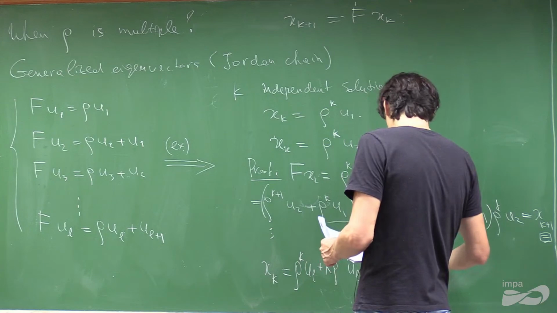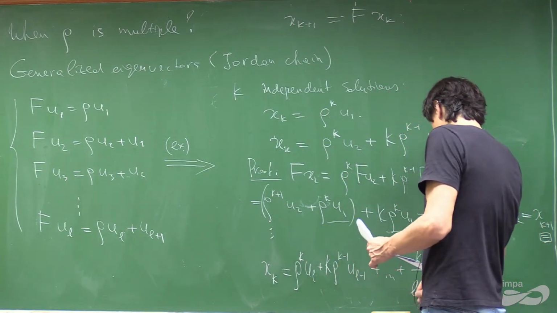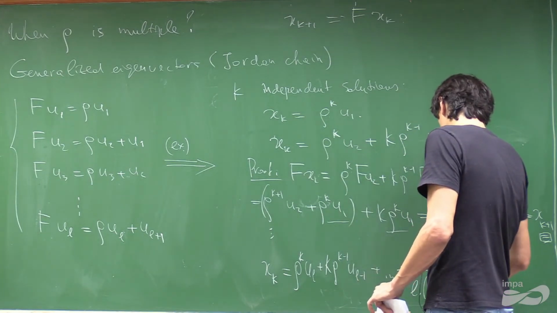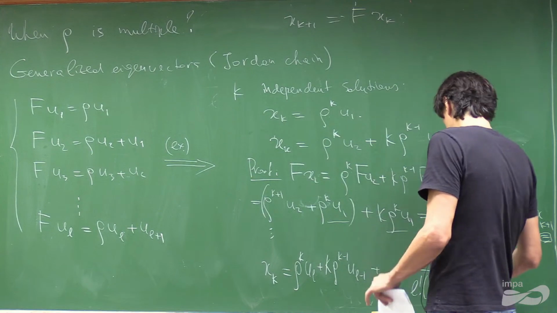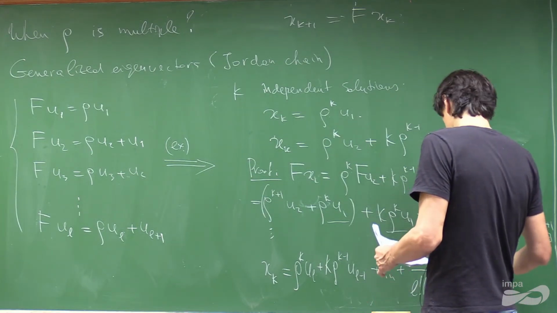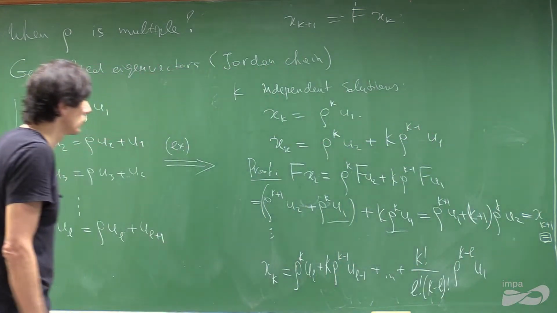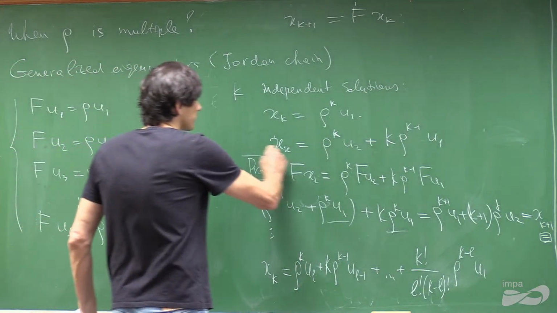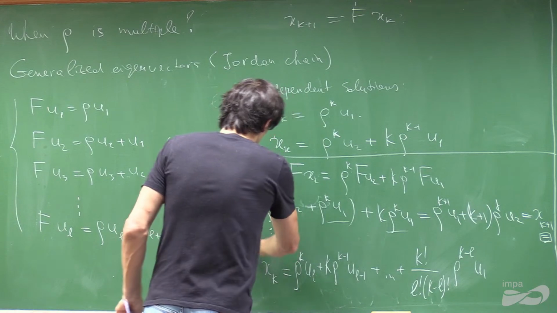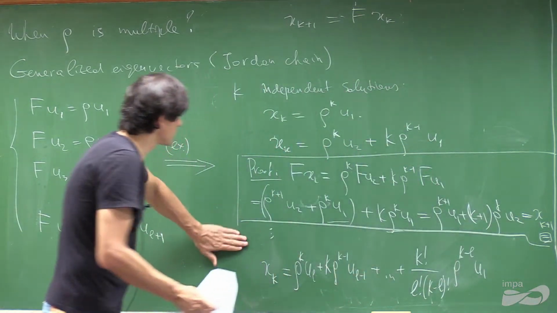The general term will have the form k factorial divided by l factorial times (k minus l) factorial, times rho^(k minus l) u1. So essentially we can find a sequence of solutions.